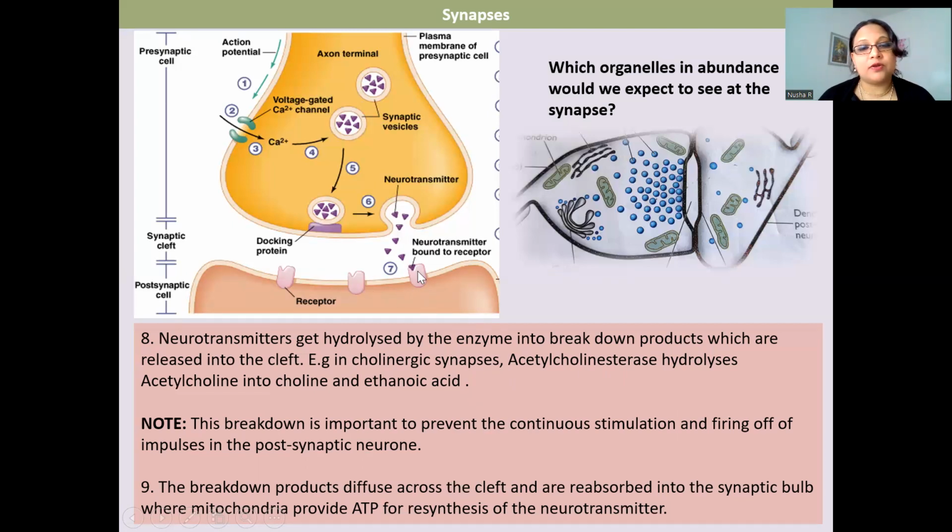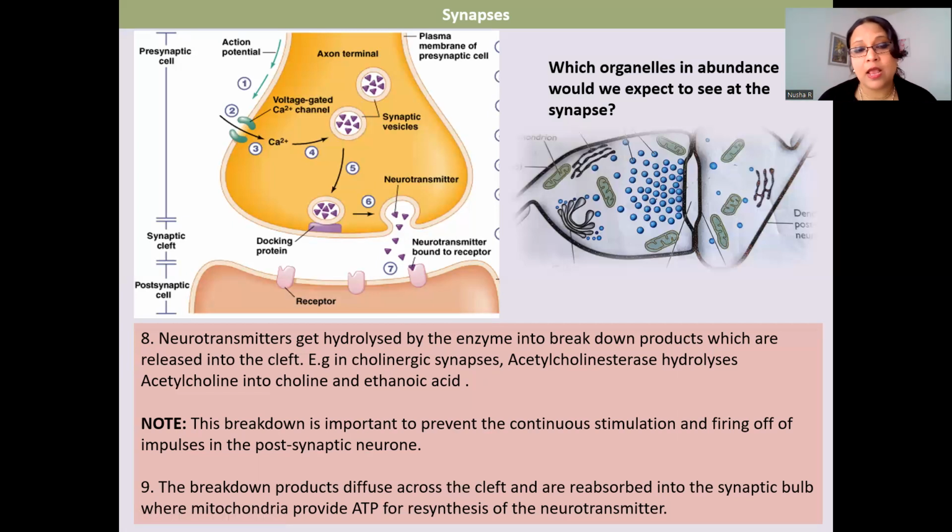Once acetylcholine has been hydrolyzed, the breakdown products diffuse right across the synaptic cleft to the presynaptic membrane and are reabsorbed into the synaptic bulb. And what happens to these two products?